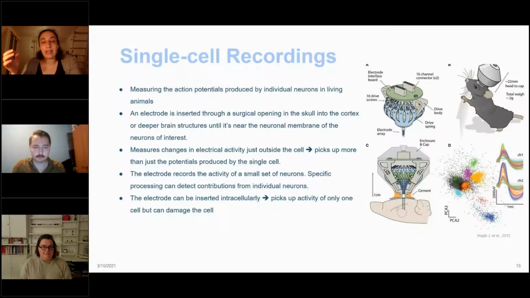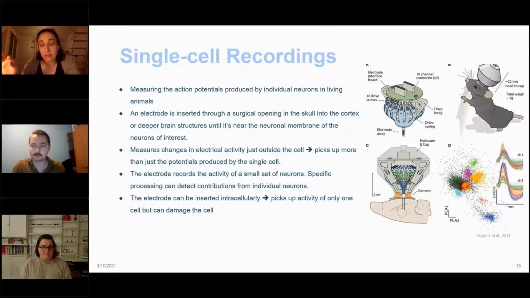We can either leave the electrode right outside the neurons we are interested in, or try to insert it inside the cell. If we insert it inside, we pick up the activity of only one neuron, but we run the risk of damaging the neuron and it's going to die.